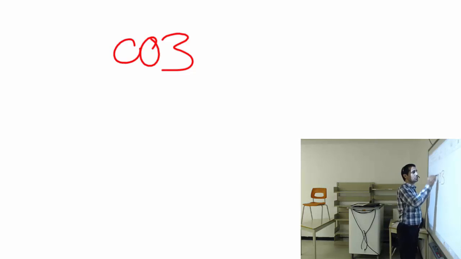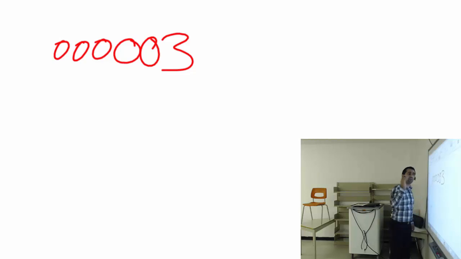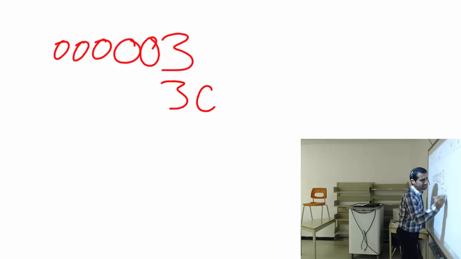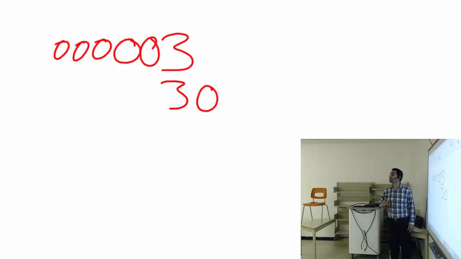You can add as many zeros in front of the number, and it is still 3. But add a 0 right after the number, and that is not 3 anymore. I am looking at 30. The number has changed from 3 to 30.